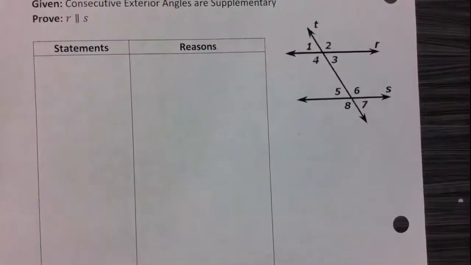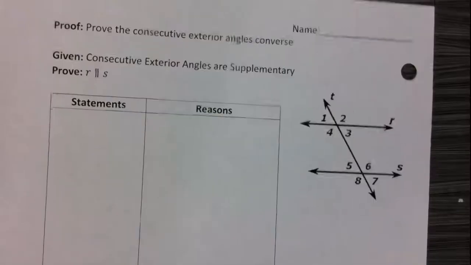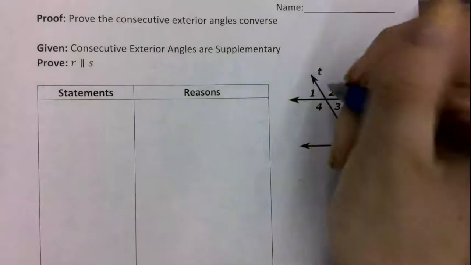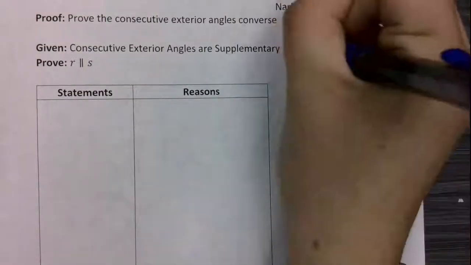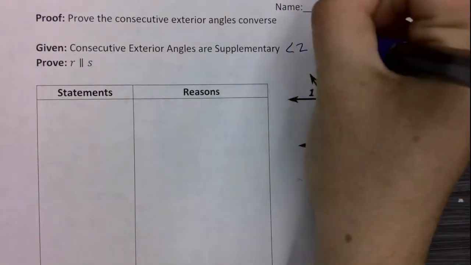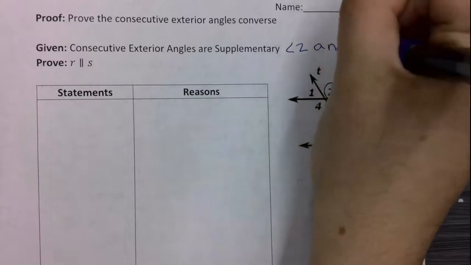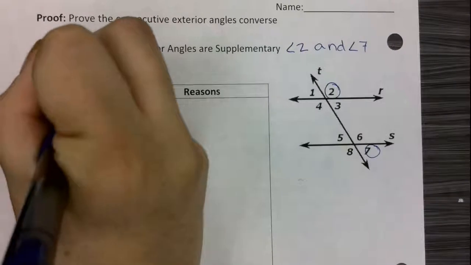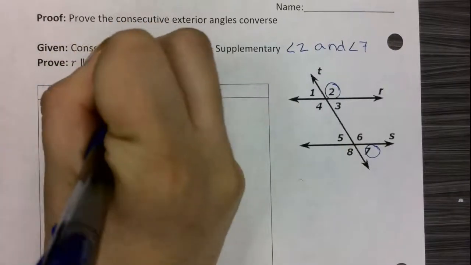Okay. So this one wants me to prove the consecutive exterior angles converse. So what is a pair of exterior angles? 2 and 7. So I'm going to start off by saying angle 2 and angle 7 are supplementary.